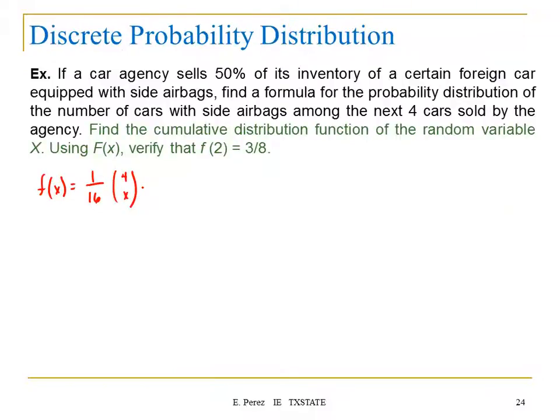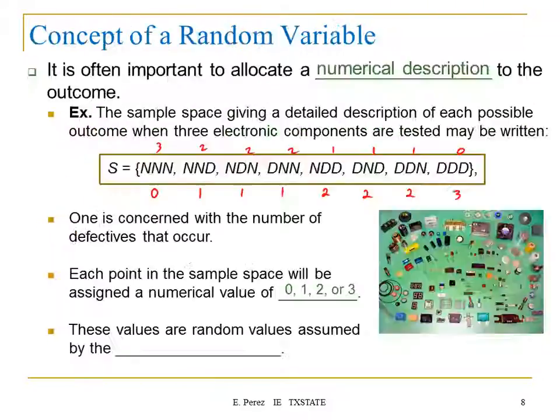And we define that from our previous example. And now we need to find the cumulative function for each outcome. So remember, from this problem we have 4 cars, and the possible values could be 0, 1, 2, 3, and 4. So we need to find F of 0, which we already did. That's the value of f evaluated at 0, which is 1 over 16.